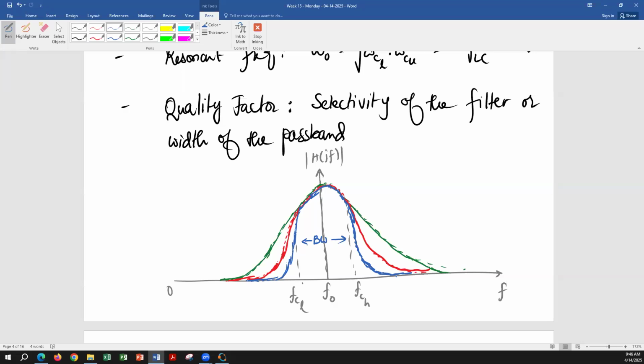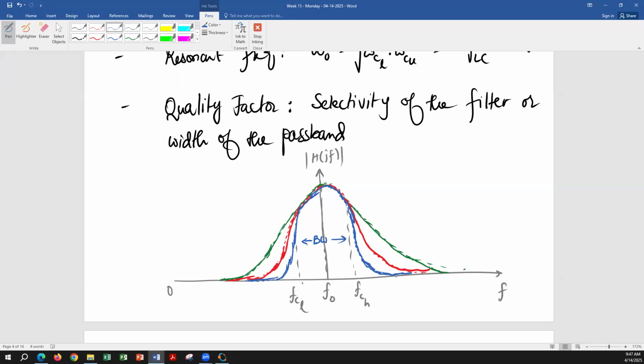For example, the blue one is not going to let many frequencies outside the bandwidth pass through. A few frequencies will pass, but this one lets more, and this one lets a lot more frequencies pass through the filter when the input is coming, and you want only the selected frequencies at the output.